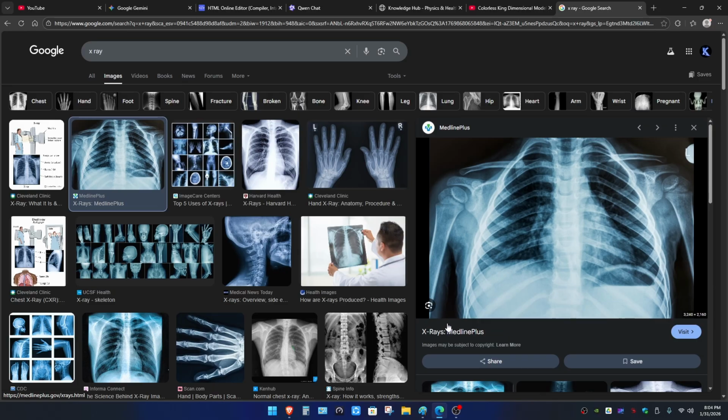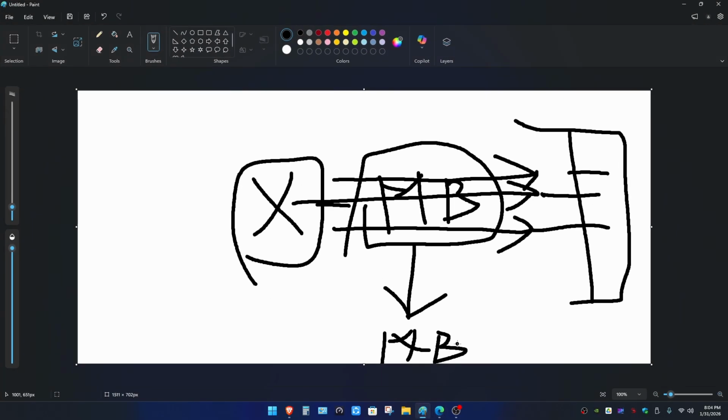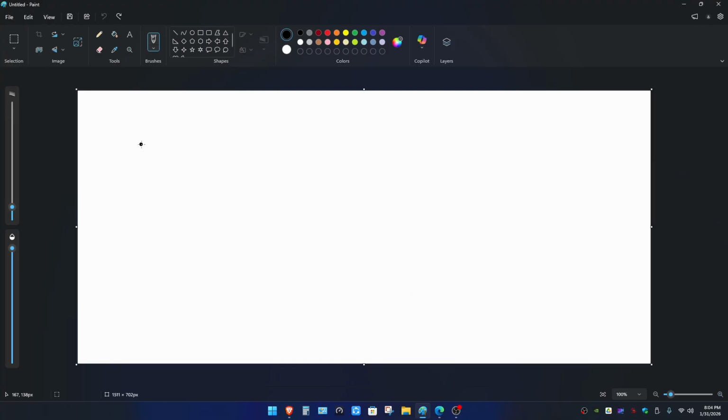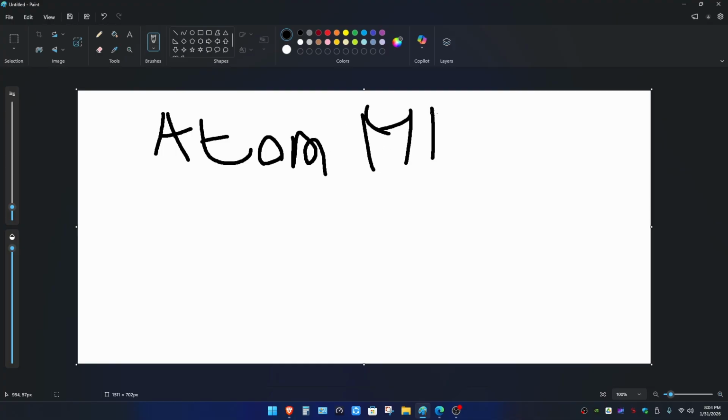So here's the thing: if we talk about this, then what is this? This is called thermodynamic variance. Okay, so atom, right? Atoms melt at different energy levels. So let's say ice.